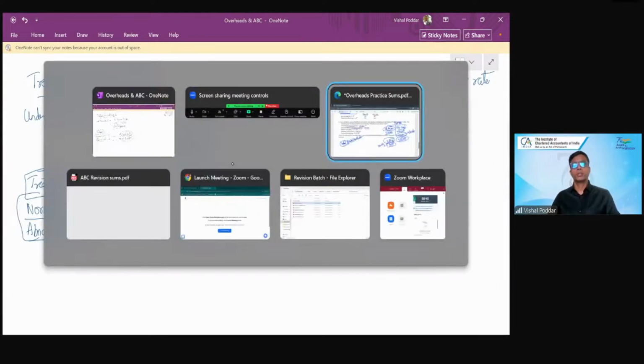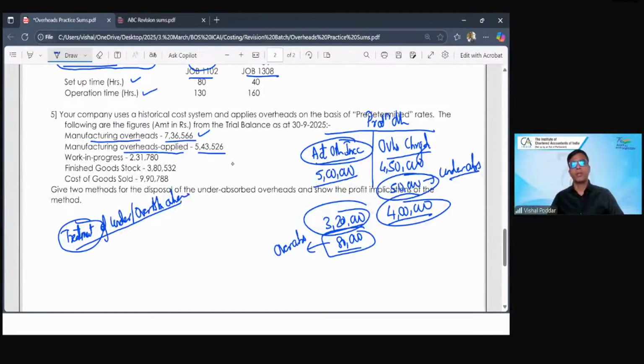However, if you read this question, this is slightly different than your regular questions, and that is why I selected this question for revision. They are saying give two methods of disposal of the under-absorbed overheads. Importantly, what are these two methods? These two methods are those two possibilities that if it is normal, you charge here, if it is abnormal, you charge here. But why are they saying give two methods? Because in this question, they have not given you the percentage of how much is normal, how much is abnormal.